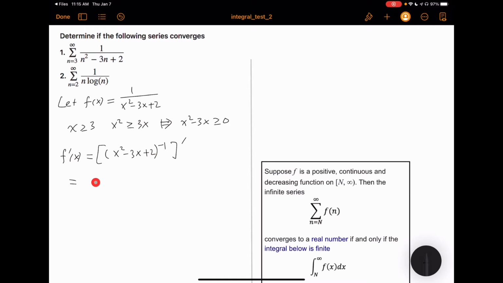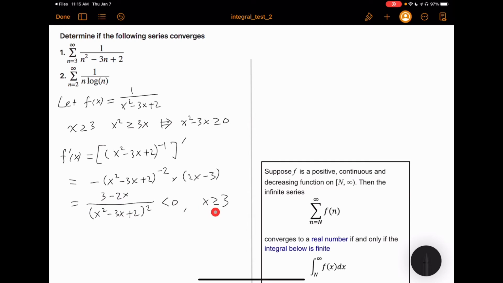So this is equal to negative x squared subtract 3x plus 2 to the power of negative 2, multiplied by the derivative of the inside function, which is 2x minus 3. Let's rewrite this as 3 minus 2x divided by x squared subtract 3x plus 2 squared. And obviously this is less than 0 when x is greater than or equal to 3, because the denominator is positive and the numerator is negative.